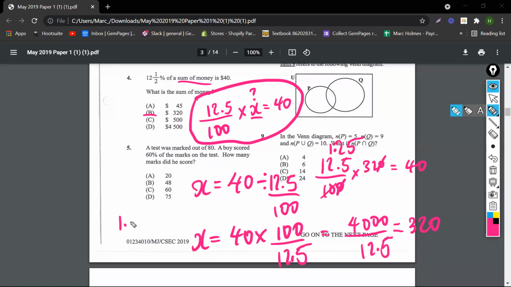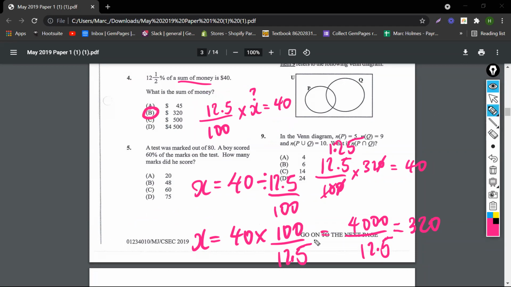Multiply 1.25 by 32. And if we multiply 1.25 by 32, guys, we're definitely going to end up with 40, because 25 over 100 of 32 is definitely 8. So you're going to end up with 32 plus 8. I'm just trying to show you guys that any way you try to work it out, you should get 320 as your answer. Like, it's really obvious.